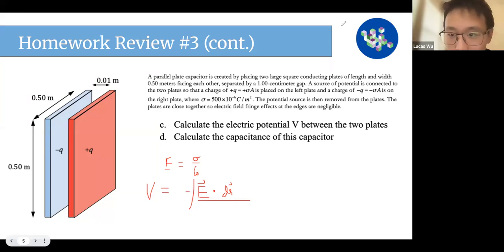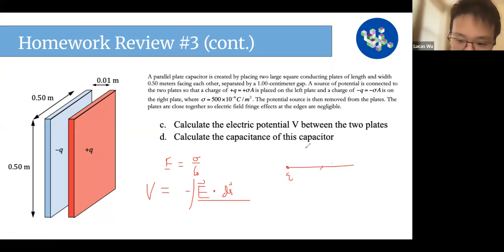So for example, if I have a charge Q over here, the electric field lines look like this, in all the directions.